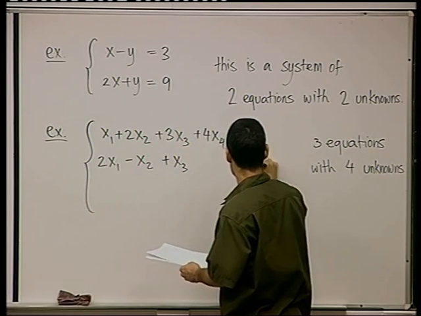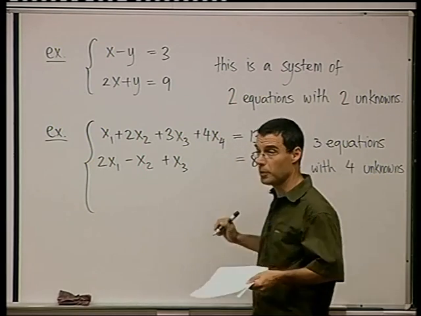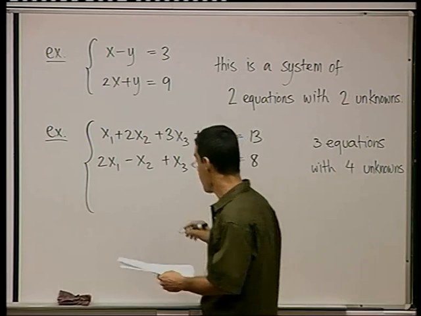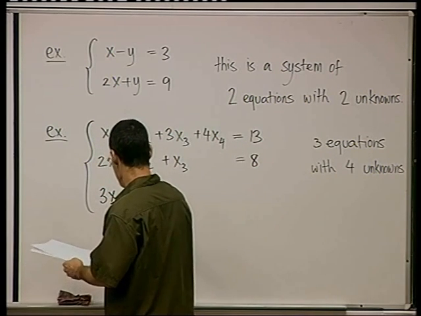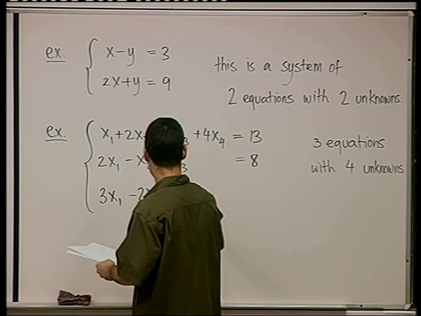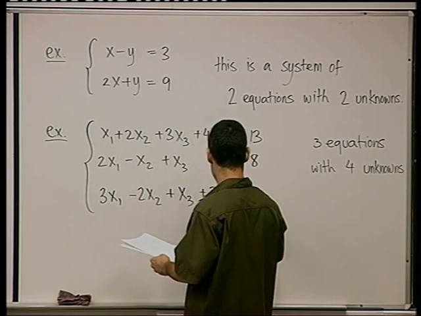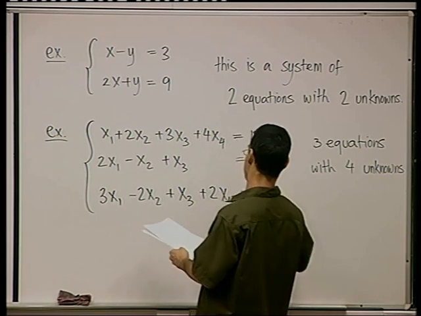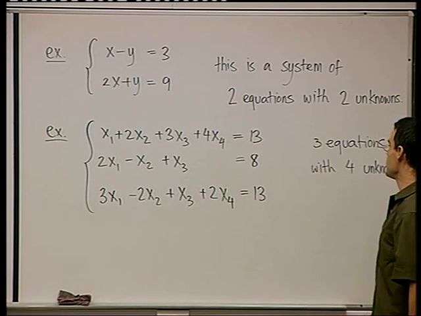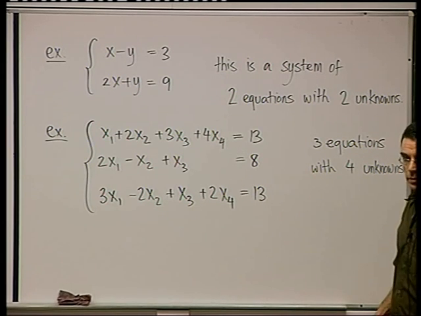You'll see why in a minute. So I'm just leaving a blank space here. You could write plus 0 x4 if you really want to. And the third equation is 3x1 minus 2x2 plus x3 plus 2x4 equals 13. So do you see a system of 3 equations with 4 unknowns? Everybody? Okay.